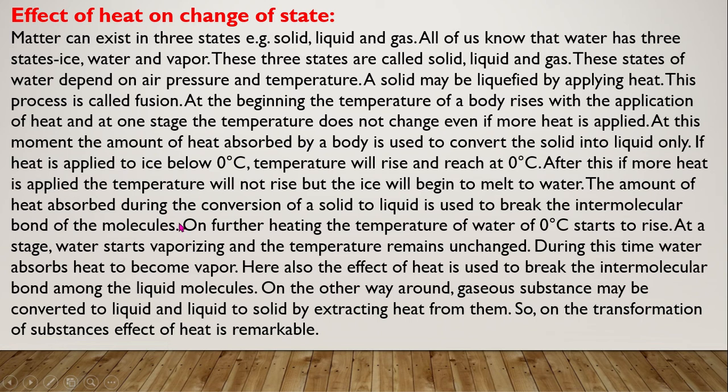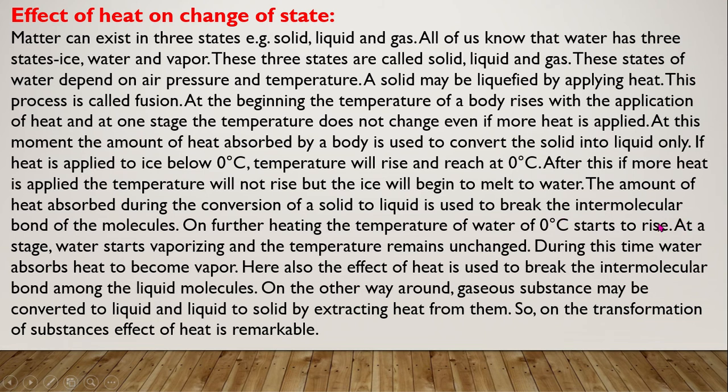This amount of heat absorbed during the conversion of a solid to liquid is used to break the intermolecular bond of the molecules that I have told you. On further heating, the temperature of water at 0 degrees Celsius starts to rise. That means 0 degree ice will be converted into 0 degree water.